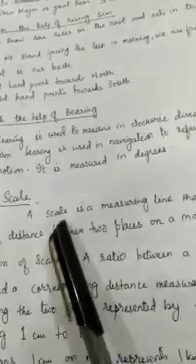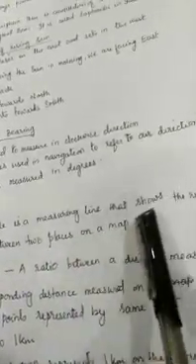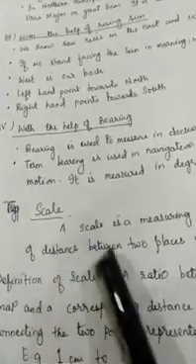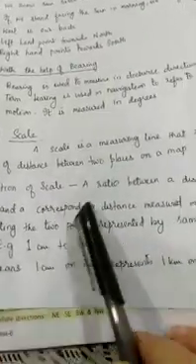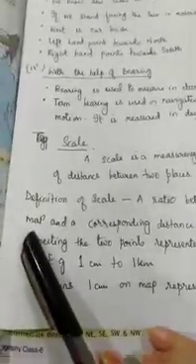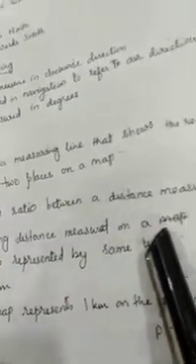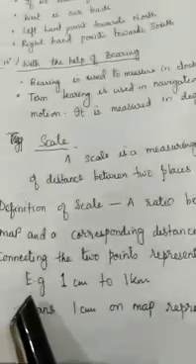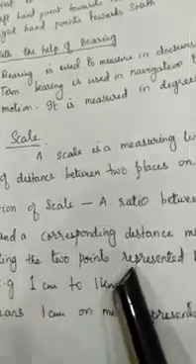The next is the scale. What is a scale? A scale is a measuring line that shows the relation of distances between 2 points on a map, or as a definition we can take a ratio between a distance measured on a map and the corresponding distance measured on land, connecting the 2 points represented by some unit.